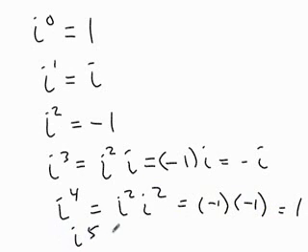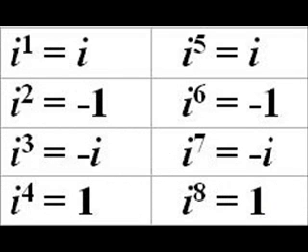And from this point on, the cycle repeats. Once you get i to the fourth equals 1, the powers of i repeat themselves in steps of 4. So there's i, -1, -i, 1, i, -1, -i, 1, etc.